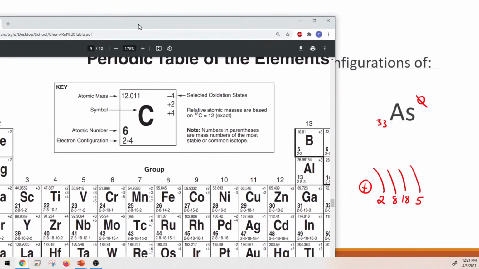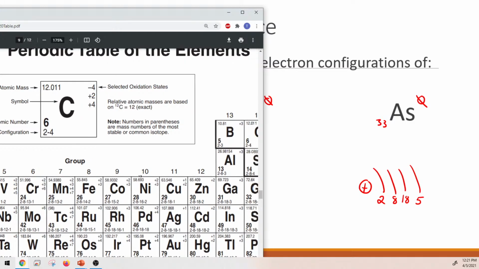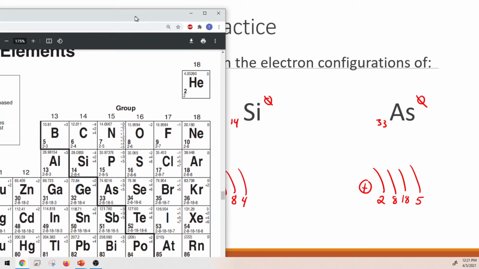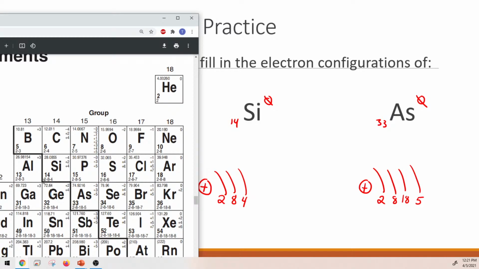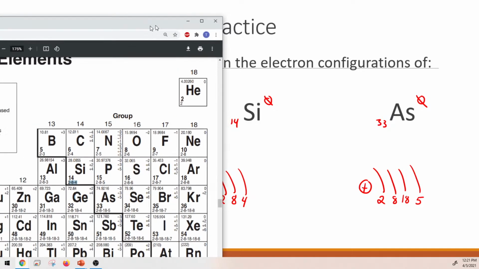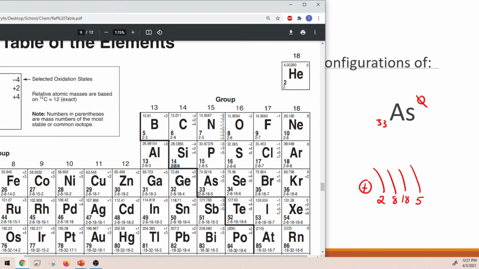Silicon, which is over here, matches up with our 2, 8, 4. And arsenic matches our 2, 8, 18, 5. Alright, filling one shell before moving on to the next.